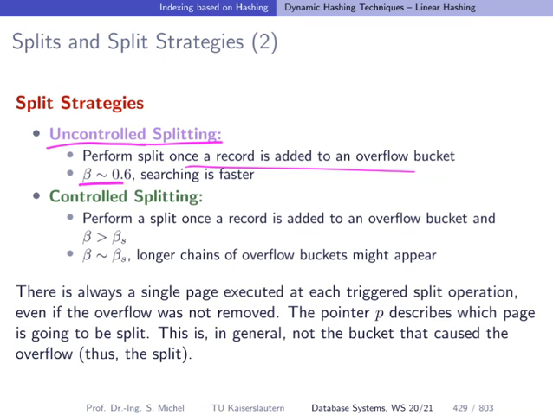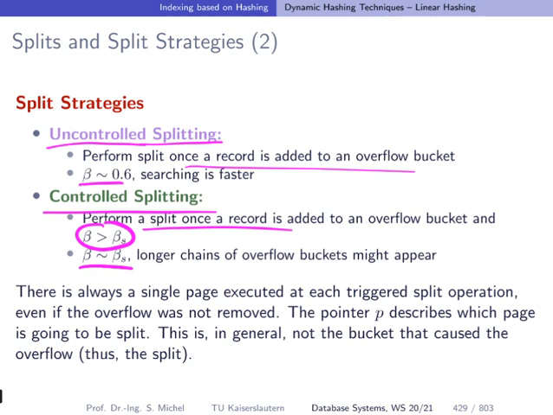And then we can also have controlled splitting. This means we perform a split when a record is added to an overflow bucket, and in addition, the allocation factor is crossing our threshold for the allocation factor.